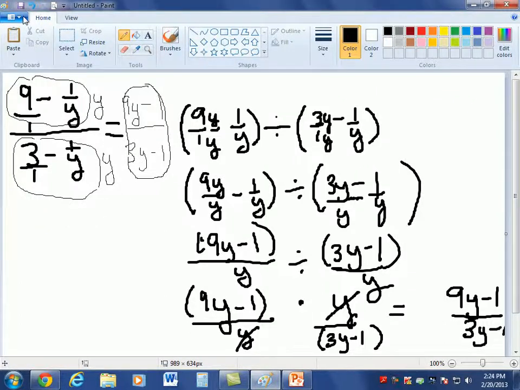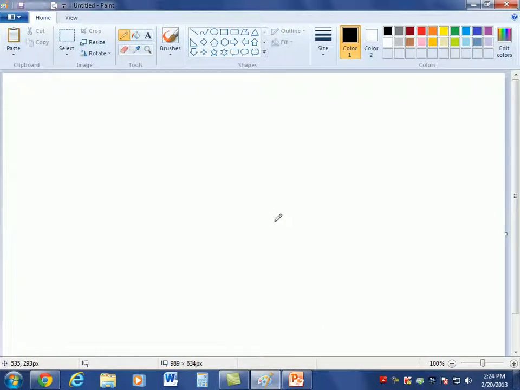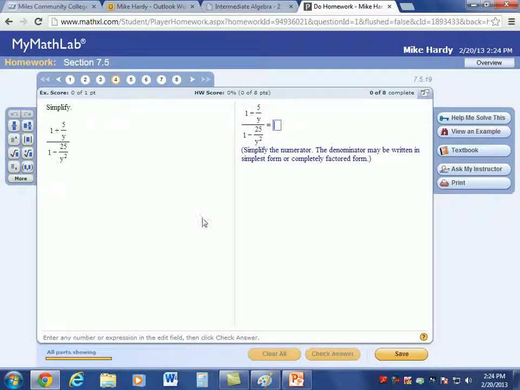Well, let's look at another example that is similar, but still a little different. I believe number 4 is going to fill the bill there. I've got 1 plus 5y in the numerator.